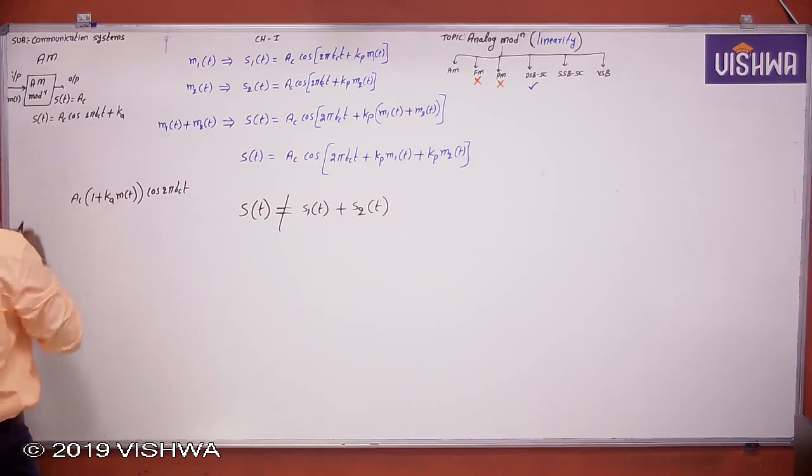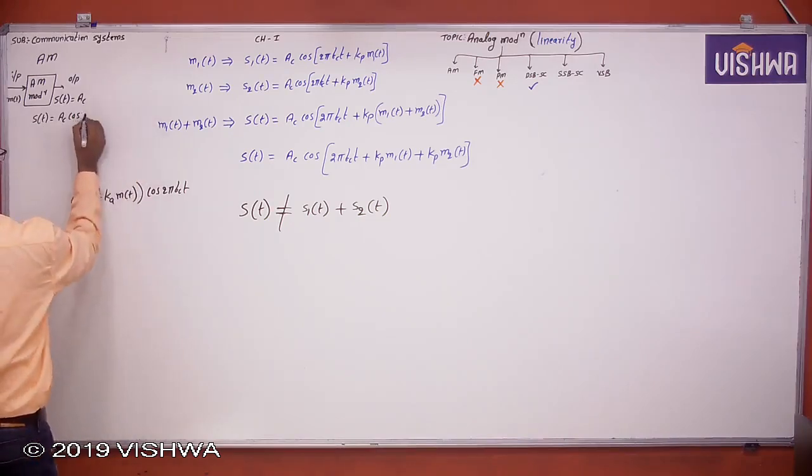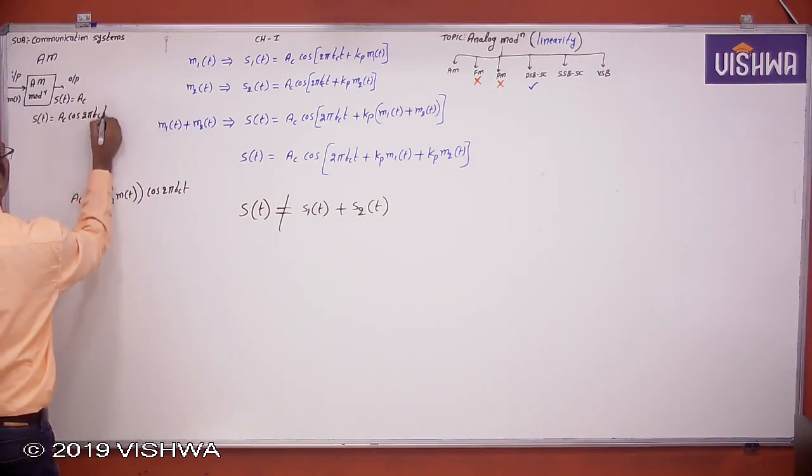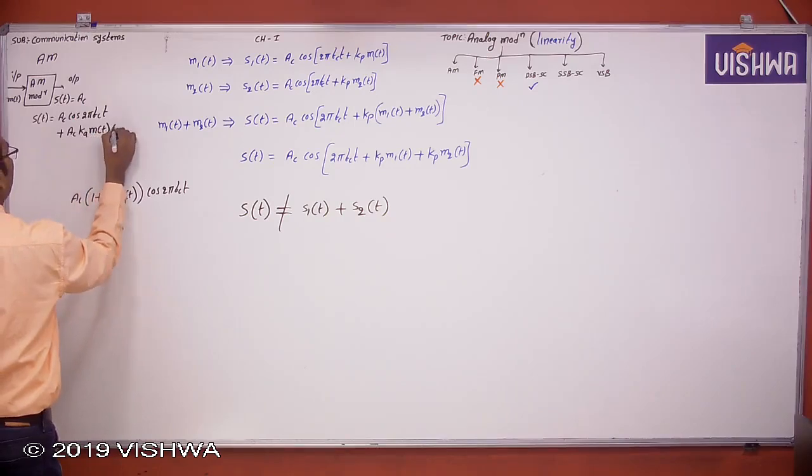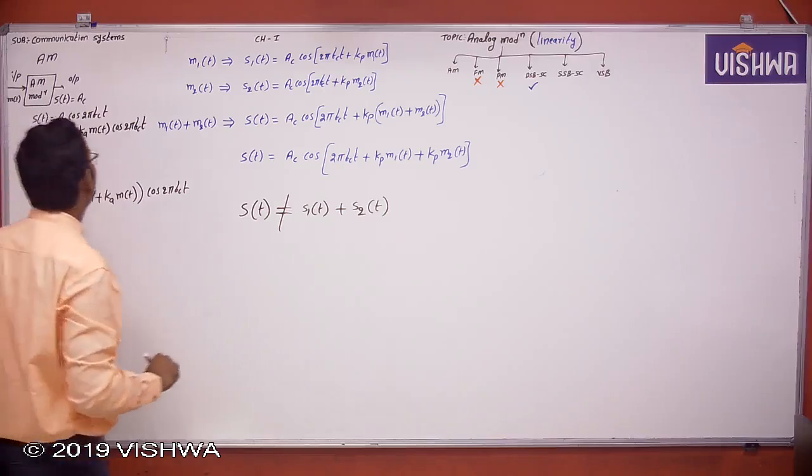Therefore, Ac cos 2 pi fct plus Ac Ka m of t into cos 2 pi fct is AM signal.